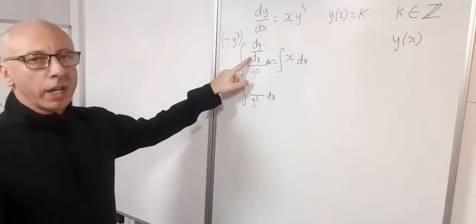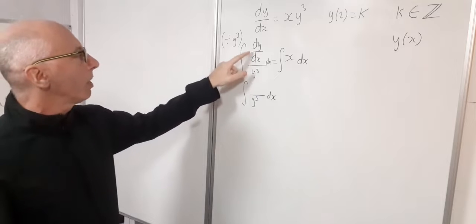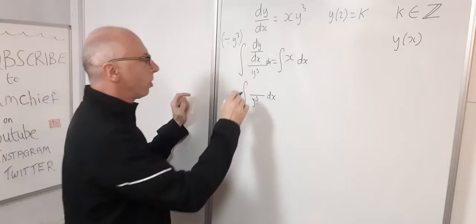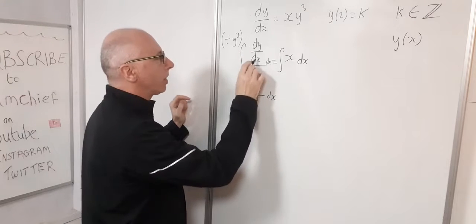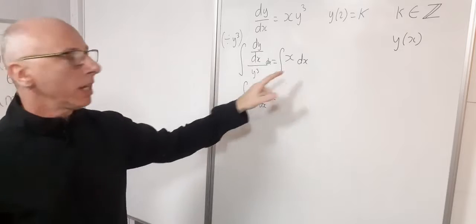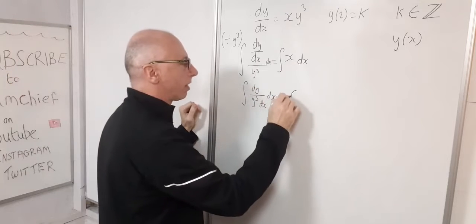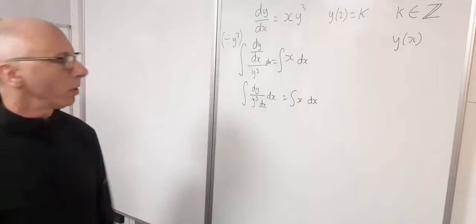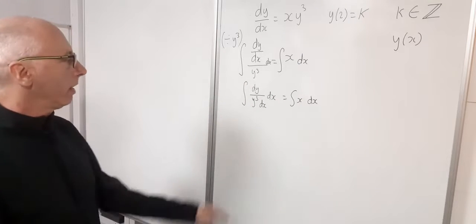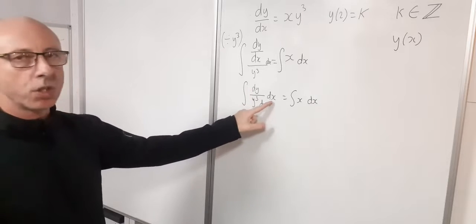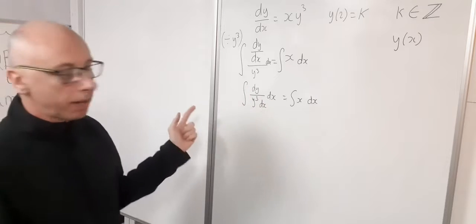Now we've got a dy over dx. We can break this fraction apart to try and solve. So our dy will stay in the numerator and our dx will go in the denominator. And then we get the integral of x dx. No need to do anything with that part, that's pretty straightforward. Now we've got dy, y cubed, and two dx's, which can cancel out.